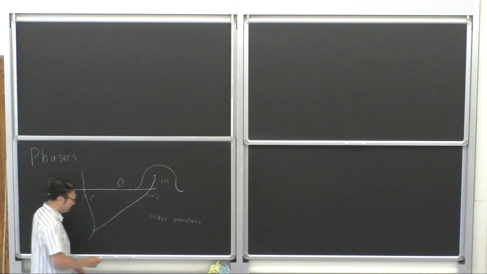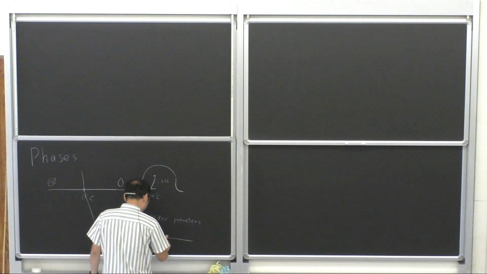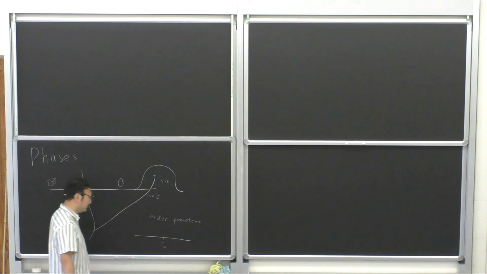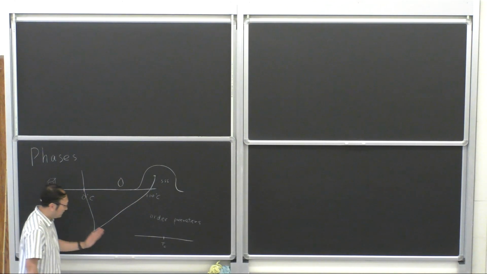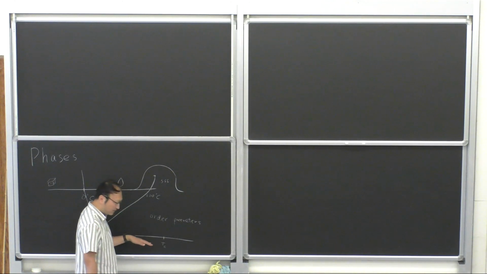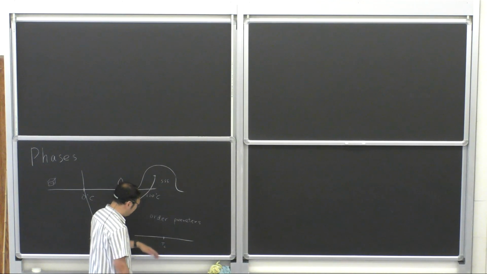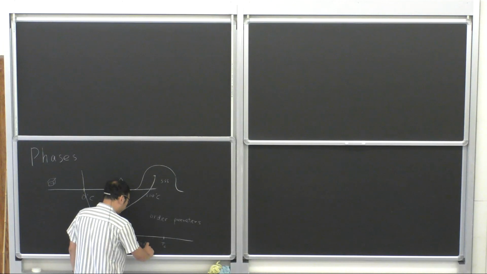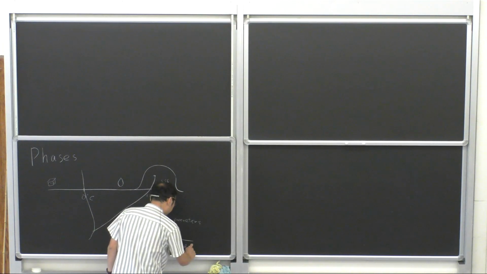There you have two phases separated at a certain critical temperature, and one can come up with an order parameter to distinguish the low temperature ordered phase from the high temperature disordered phase.